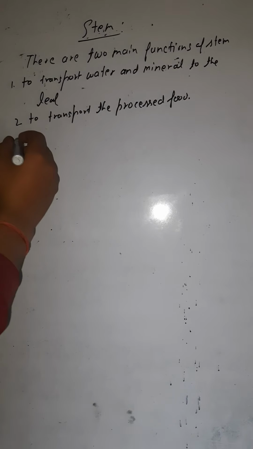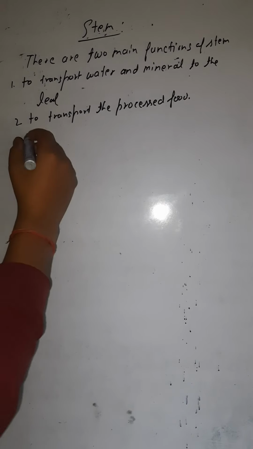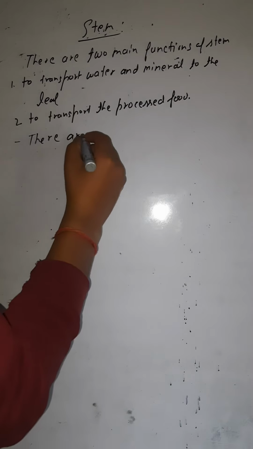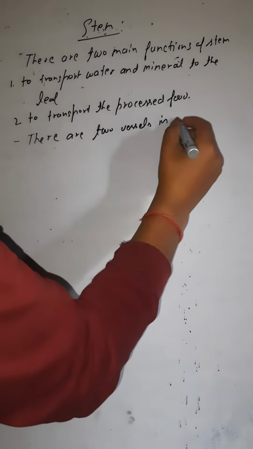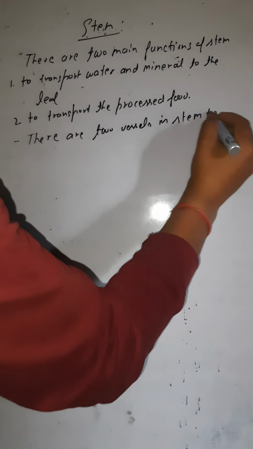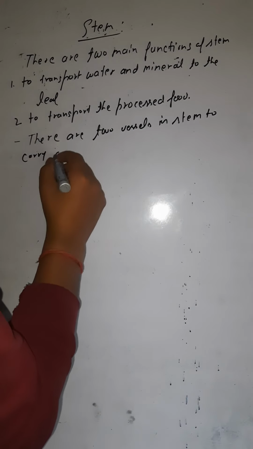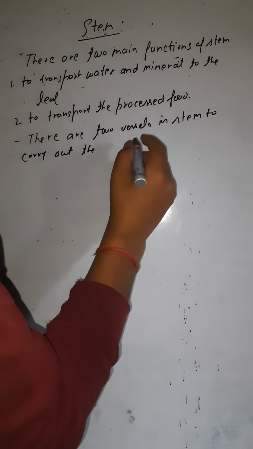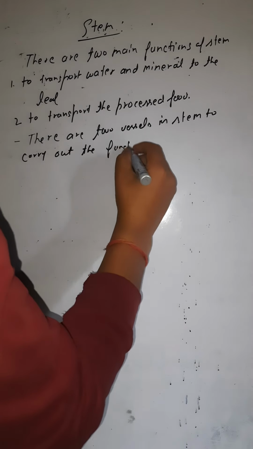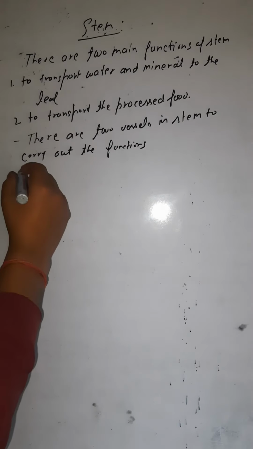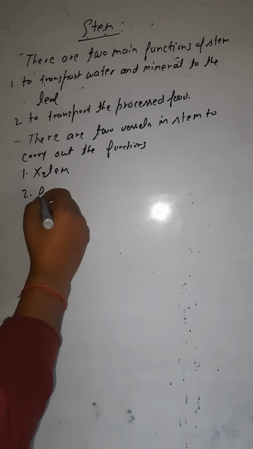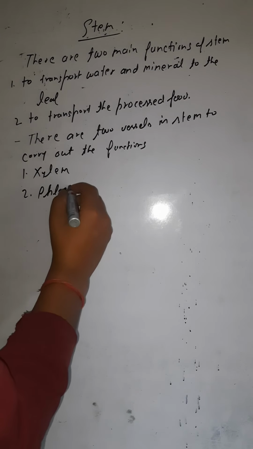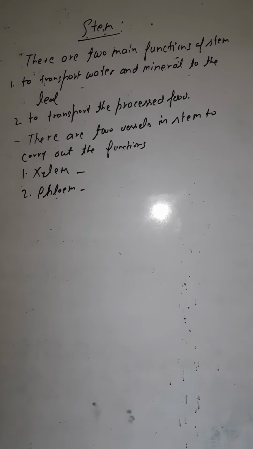Let me write it here. There are two vessels in stem to carry out the functions. What are those? The first one is xylem and the second one is phloem.